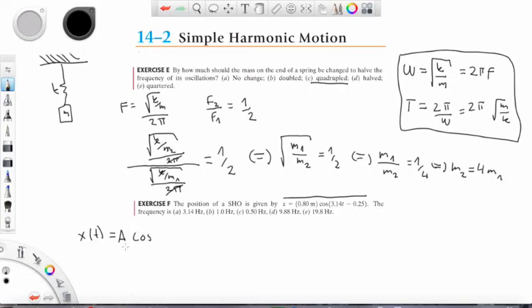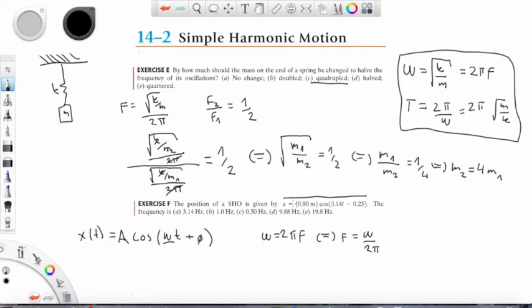It's always of the form amplitude A times cosine of omega t plus the phase angle phi. The frequency lives in the omega, the angular frequency, but it's not the same. We want to solve for f, so omega being 2 pi f, we get f equals omega over 2 pi.